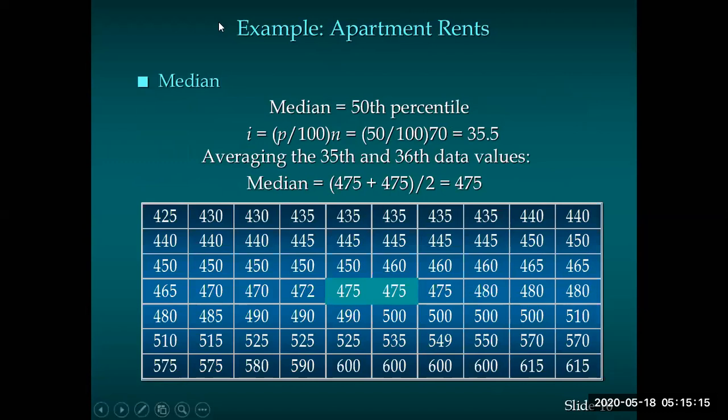Because you have to round off, the rounded figure is the 36th value. Because they're the same number, you can take the 36th value, and the median in this case is 475. If I would have had the 35th number, then I would have taken the average of the two. I don't know why they have done this here. So using the rule, we will find an exact number.